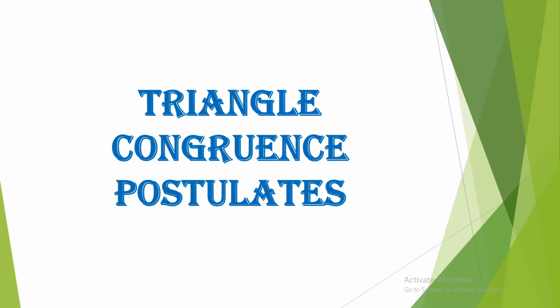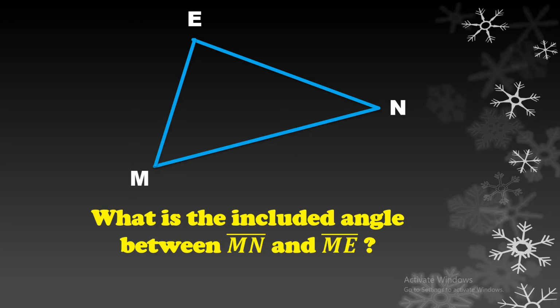But before we have these different triangle congruence postulates, let's have first the included side and included angle. Starting off with the included angle. When we say included angle, it's the angle between the two sides of a triangle.